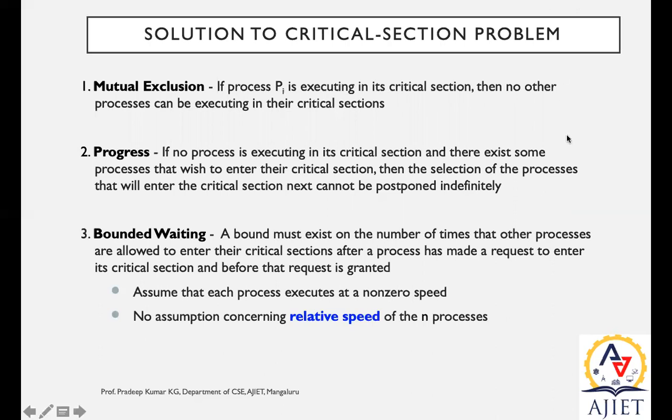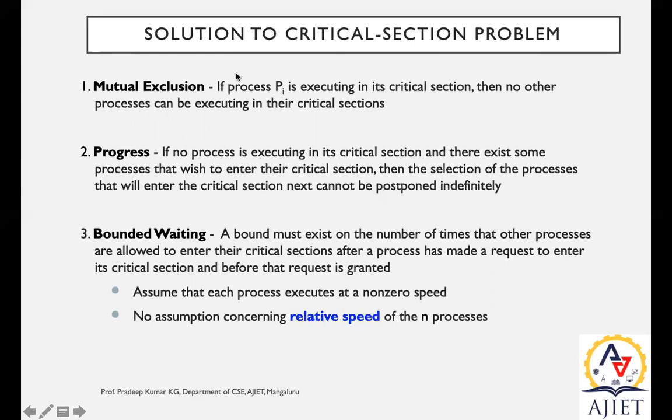In this case, we have three requirements: the first is mutual exclusion, the second is progress, and the third is bounded waiting. What is mutual exclusion? If process Pi is executing in its critical section, then no other process can be executing in its critical section.